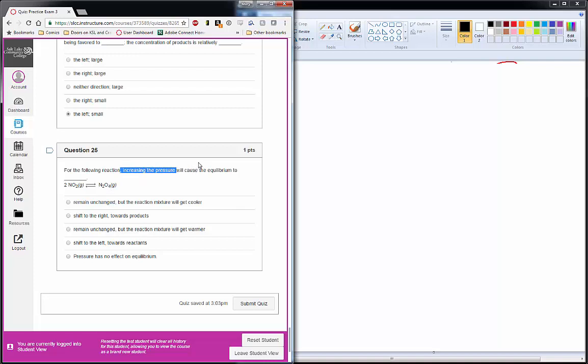So I'm going to move to wherever I'm taking up less space to compensate. 2 moles of gas takes up more space than 1 mole of gas. So I'm going to move this direction to compensate for the less space that I have because I increased pressure. So it's going to shift to the right towards product.